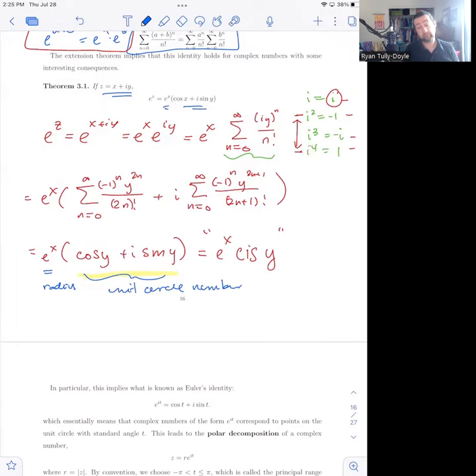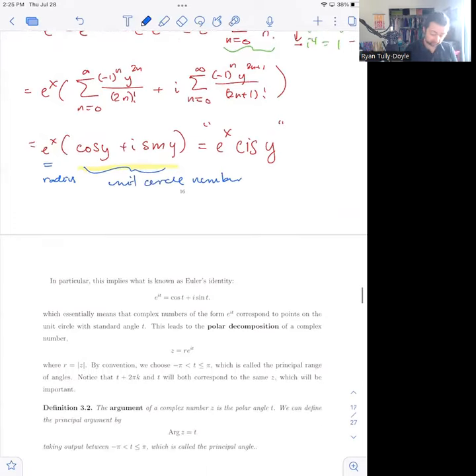And in the case where the number is purely imaginary, then we get what's called Euler's identity. So this is a very important identity. It essentially says that e to the it is equal to cosine t plus i sine t.